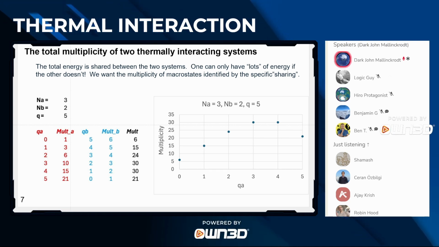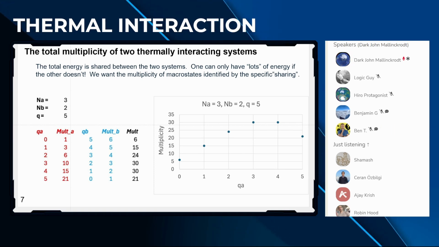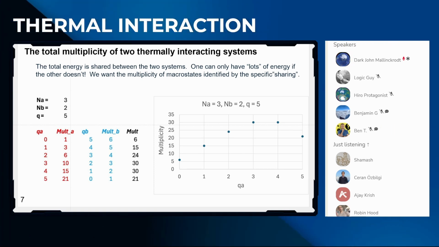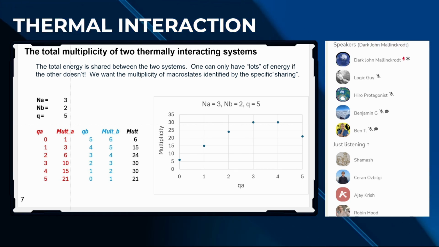Well, the answer is 15, right? There's 3 ways of doing the A thing, 5 ways of doing the B thing. And so I can do them in any combination. And that means that there are 15 ways. I've got 3 choices for how to do the A thing, and I got 5 choices for how to do the B thing. So that's 15 ways of doing that. Okay? Question? Is that clear?